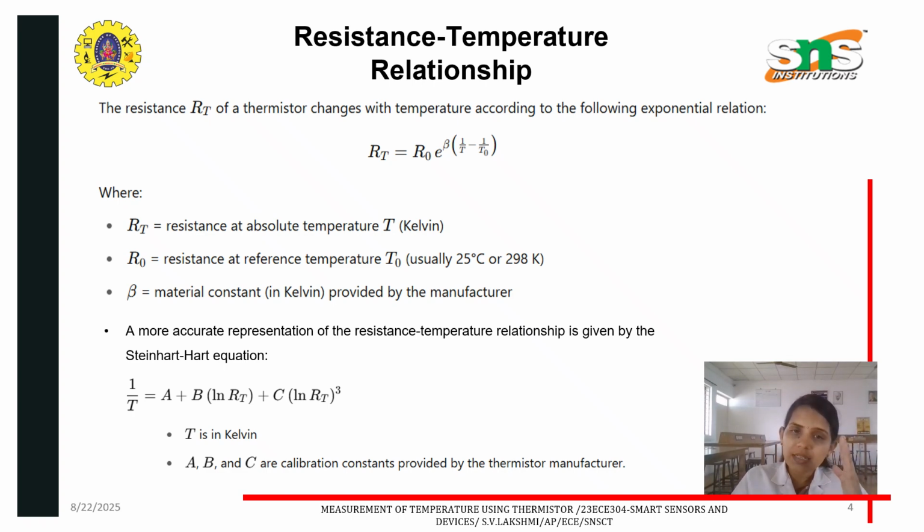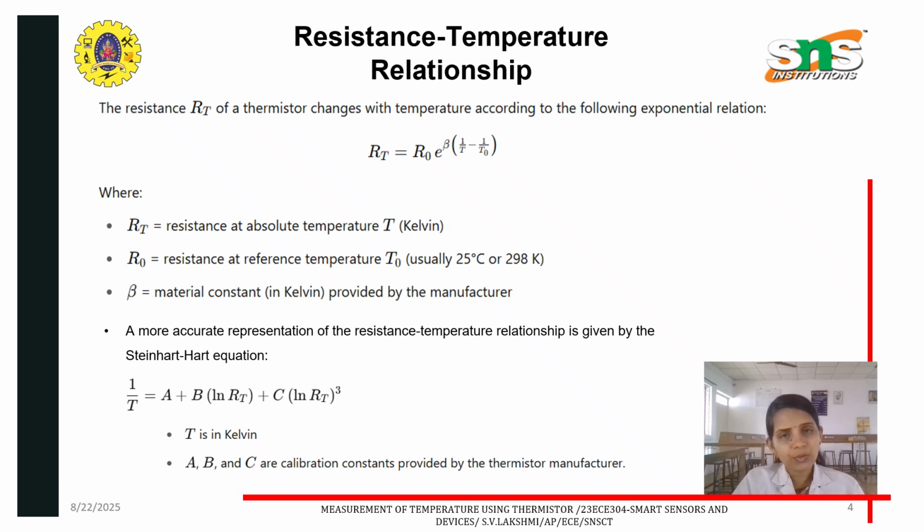R naught is the resistance at the reference temperature T naught, that is usually 25 degrees Celsius or 298 Kelvin, and beta is the material constant in Kelvin that is provided by the manufacturer. So we have to measure this temperature with the help of the Steinhart equation.